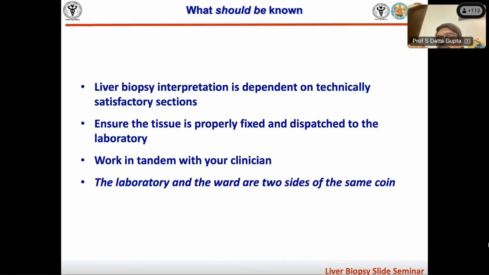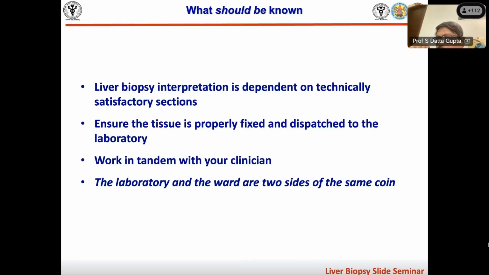Unless you talk to your clinician and he talks to you, it will be very difficult to arrive at a diagnosis. Even if you narrow down his 4 differential diagnoses to 2, you have done your job. It helps them, right? So always talk to them.